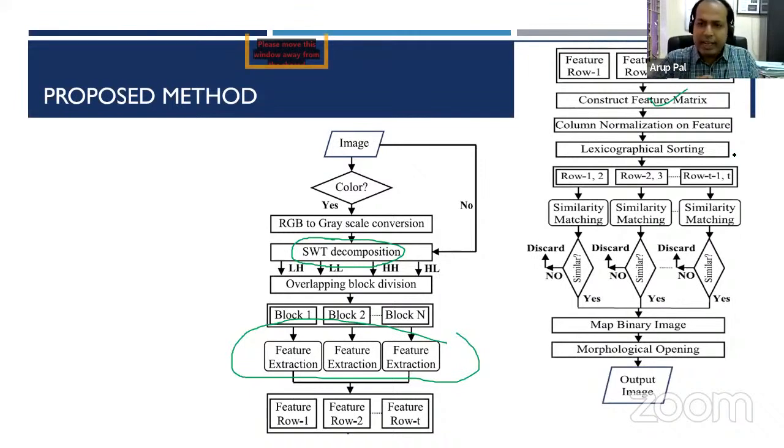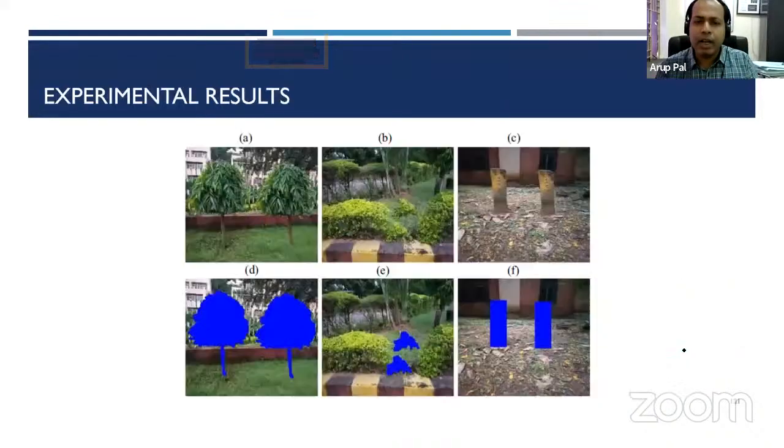Rather than matching the similarity of the whole content, we select component wise, and if they are dissimilar, we discard them, and if they are similar, we map them and accordingly create a binary map. Finally, we can perform different morphological operations to remove unwanted components.